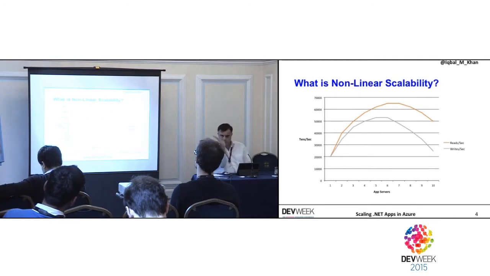So it's a slope that is going this way. At some point, it's going to peak, and then if you add more, it's going to actually slow down. It may even crash. So if that's what you're facing, which is what most applications face, then you have a nonlinear scalability. That means you cannot solve this problem by adding more web servers or more app servers to your mix.